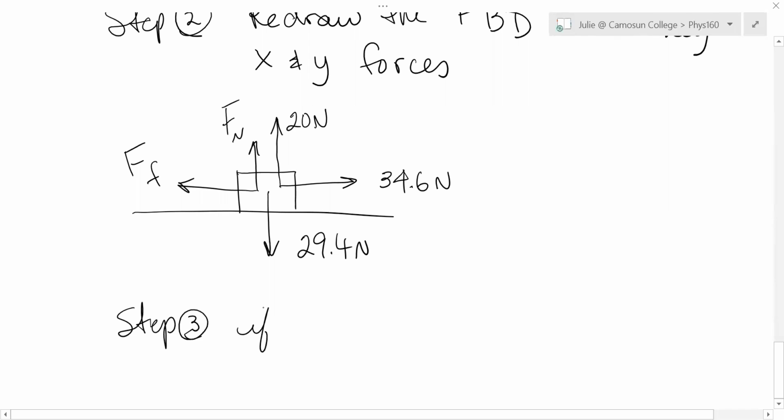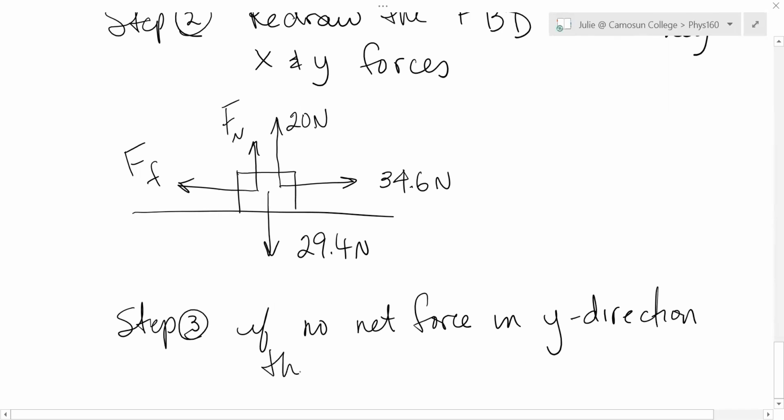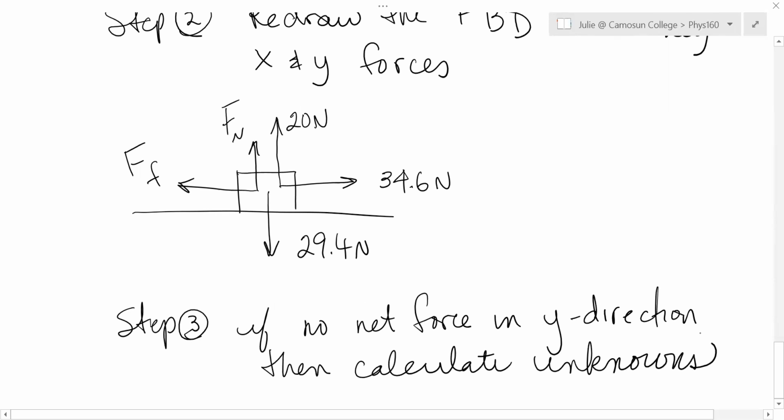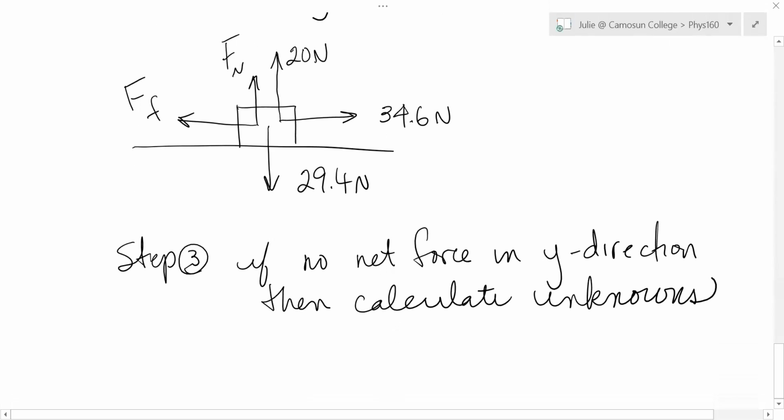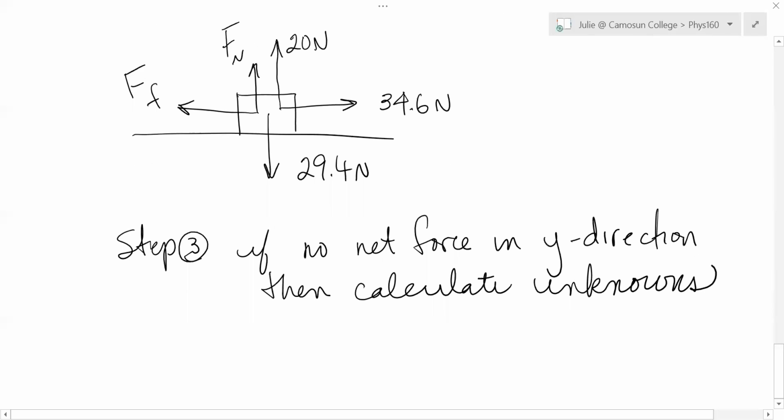So step 3, if no net force in y direction, then calculate unknowns. So if you know there's no net force, you know up has to equal down. If it said there's no net force in the x direction, then you know friction has to equal 34.6. We didn't say that yet.